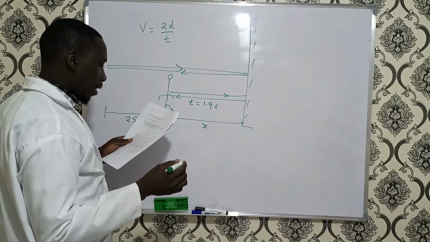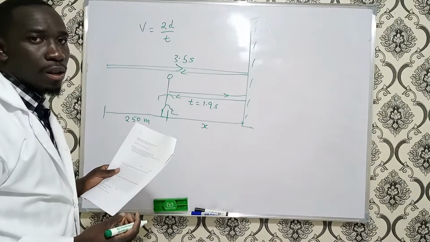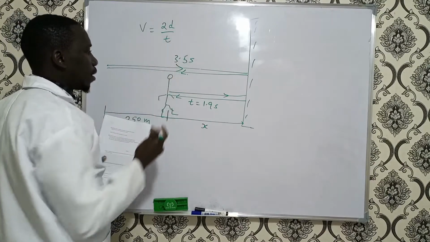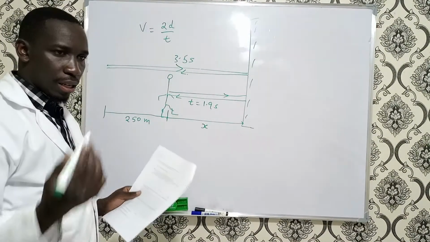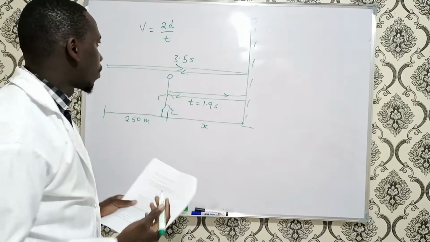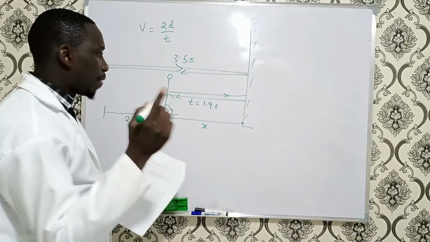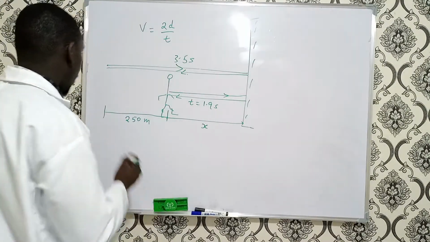The time taken there is 3.5 seconds. Now, speed is given by 2d over t. When we assume that other factors such as temperature remain constant, then the speed of sound should remain constant. So the first option is this. The first way of finding speed is by using this.